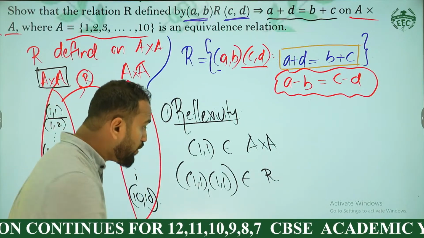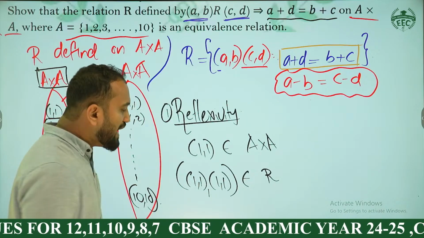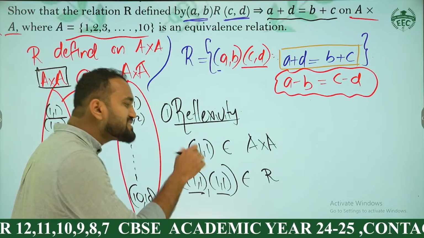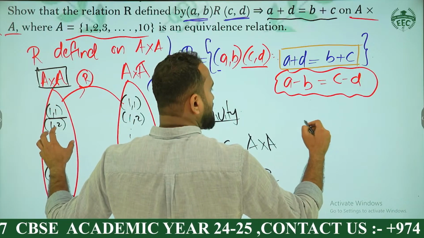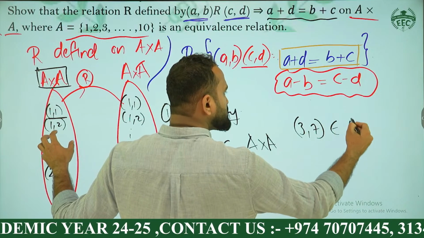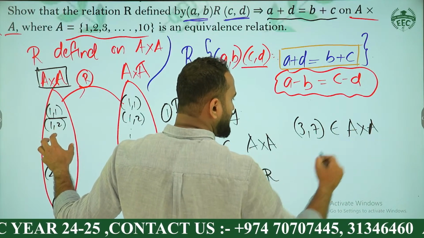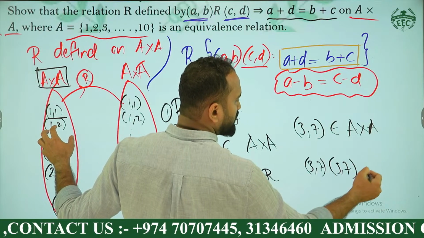Yes, why? Because difference of 1 and 1, 0. Difference of 1 and 1, 0. So every element will be related to itself. Yes or no? Yes. If you take an element 3 comma 7, this belongs to set A cross A. Then 3 comma 7 will be related to 3 comma 7. Yes or no? Yes.